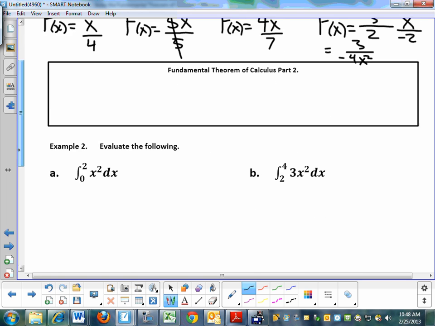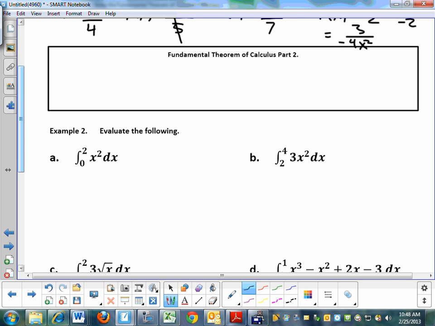Okay, so let's use this now. Fundamental theorem of calculus, part 2. Given the integral from a to b of f of x dx, we said that that was equal to the limit as n goes to infinity of the summation from i equals 1 to n of f of x sub i delta x. Remember? We are going to redefine it so that it's easier.